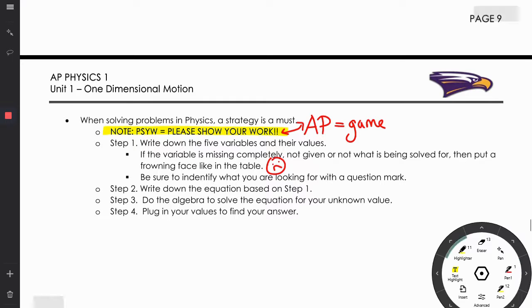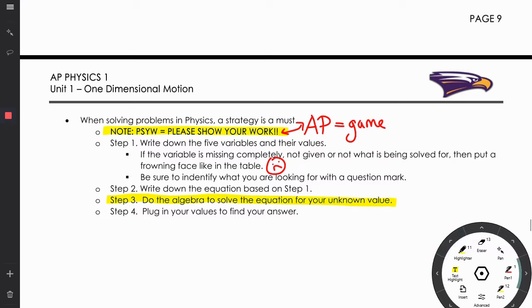actually do the algebra, and this is important. This is a step that students don't want to do because they want to just plug in numbers, but sometimes the AP test actually has you solve for expressions and not actual values. So that step there is necessary.